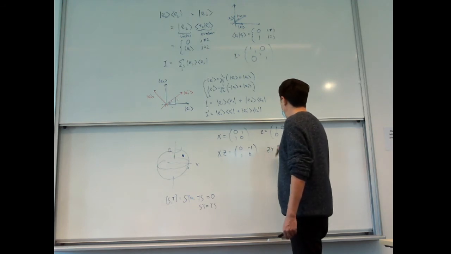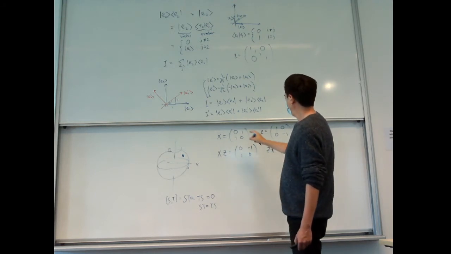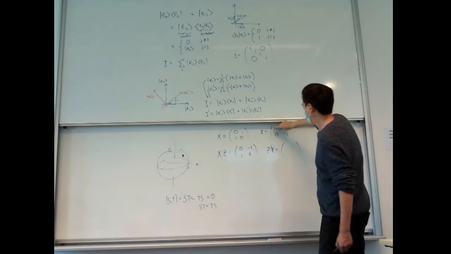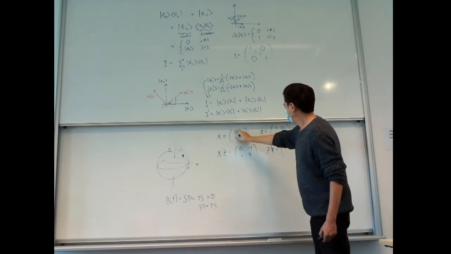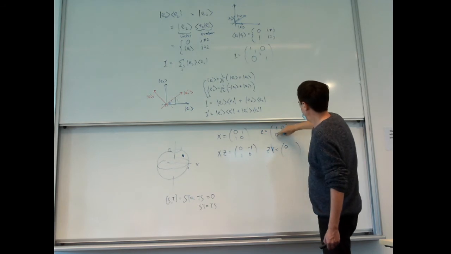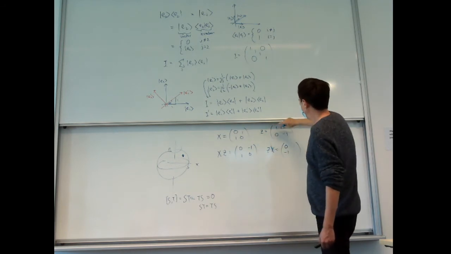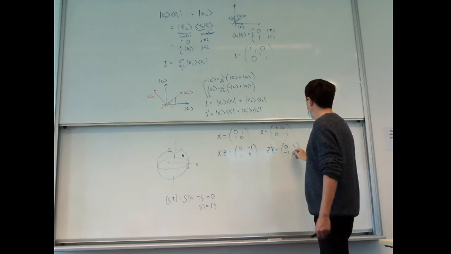But Z times X. This time I've got to do it the other order. So I'm taking this column, that row, so that was 0. This column with this row, so that will be minus 1. This column with that row, so that's 1. And that one is 0.